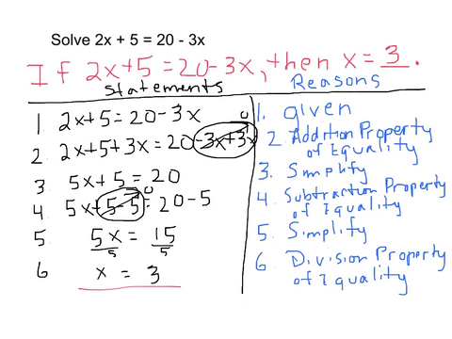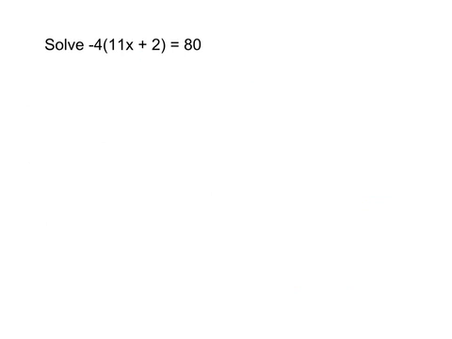All right, let's try another one. Starting out now with something that has parentheses. When I'm reading a problem and I see parentheses, there's already one property that I'm thinking of, but I'm jumping ahead of myself because I know the first thing that I need to write down is the statement that they gave us.